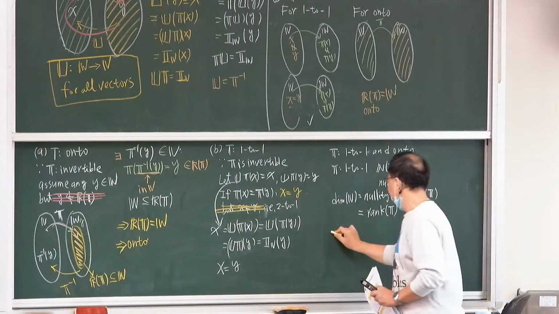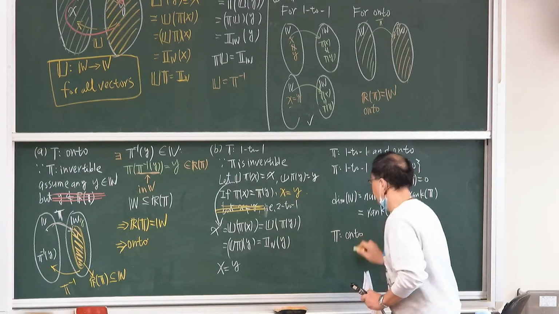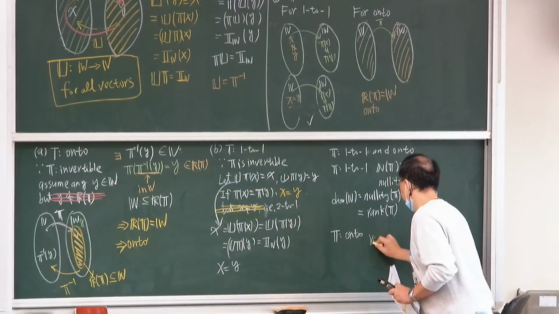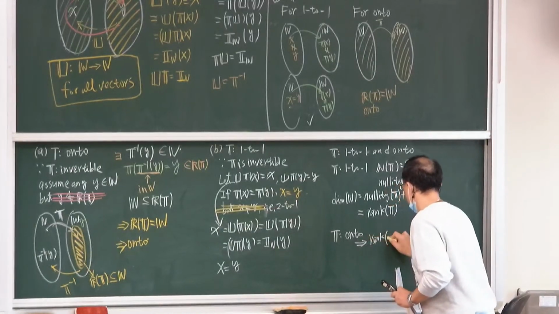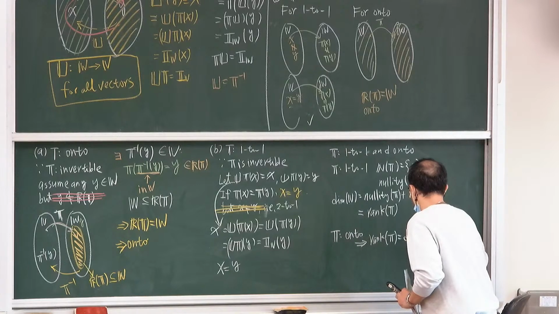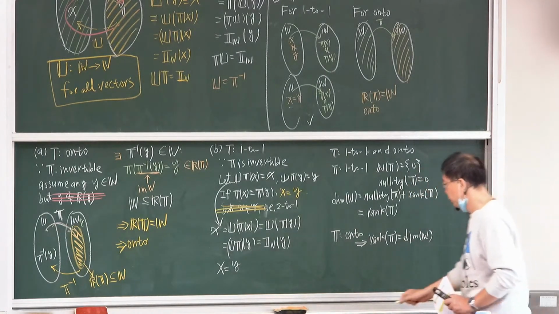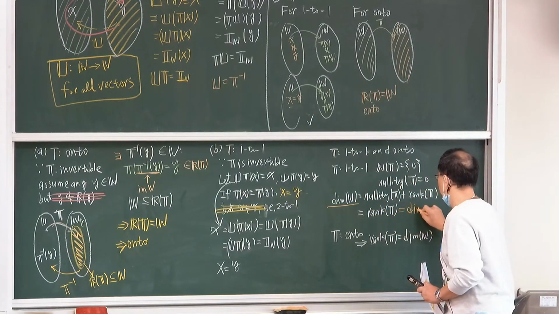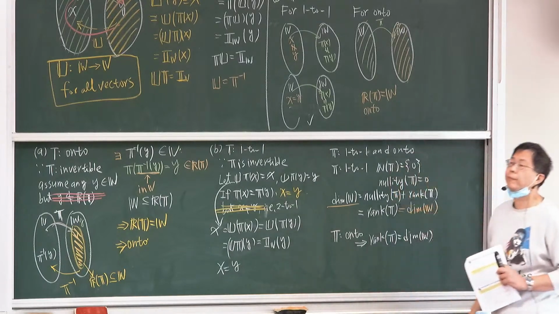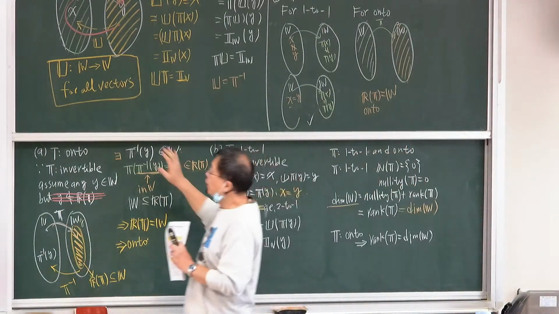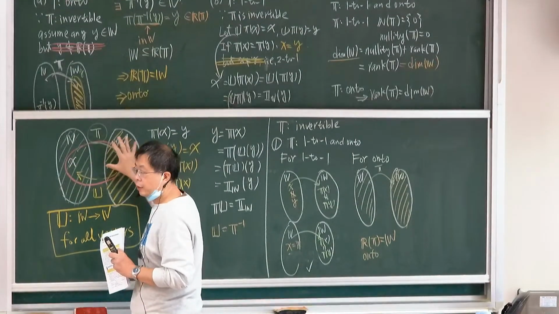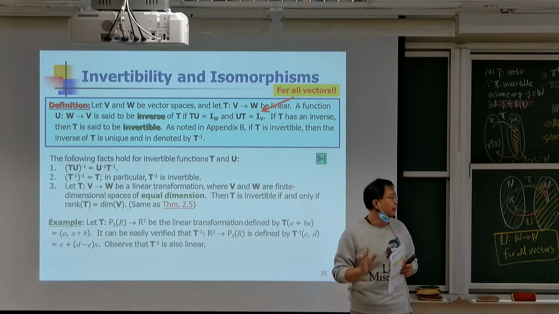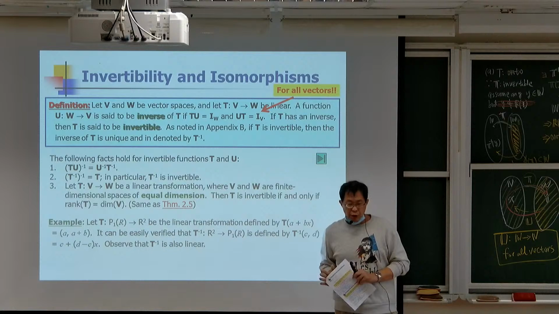However, T is onto, which means the range of T equals W. So the rank of T equals dimension W. So what do we have? If T is invertible, dimension V should be equal to dimension W. So if T is invertible, the two vector spaces should have identical dimensions.